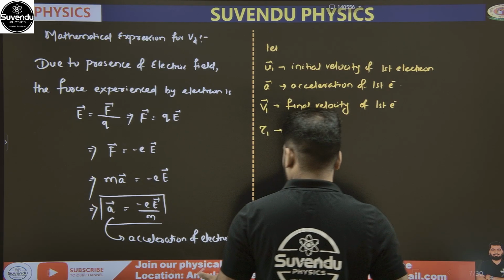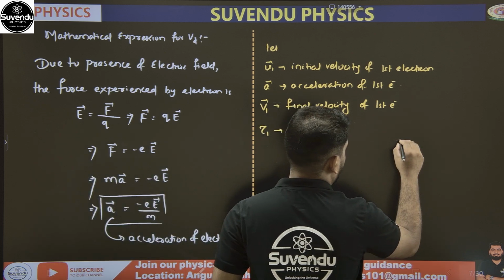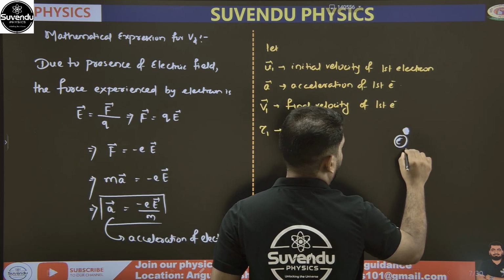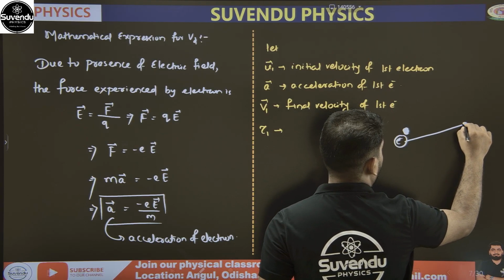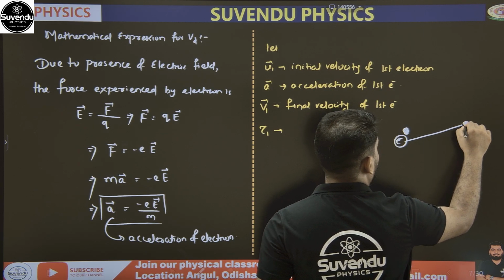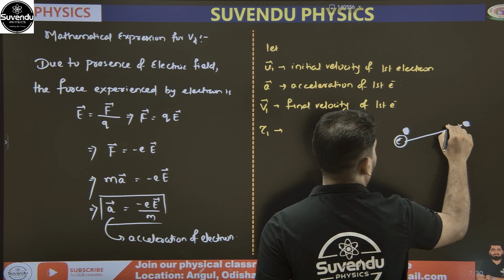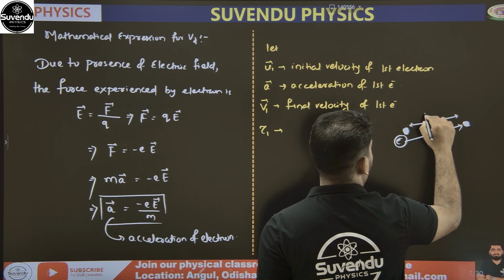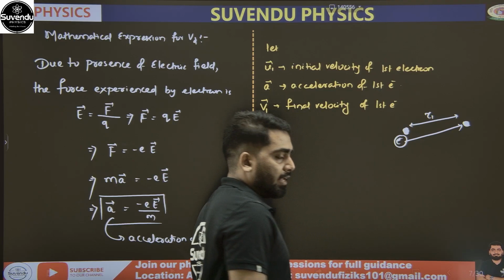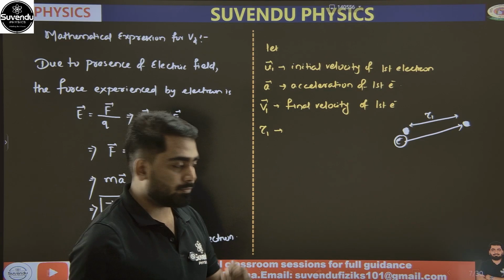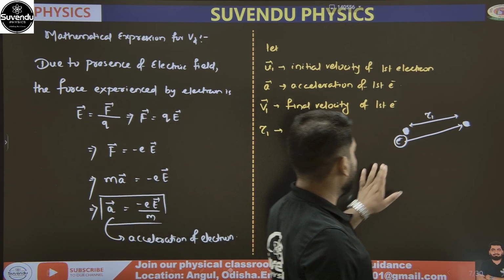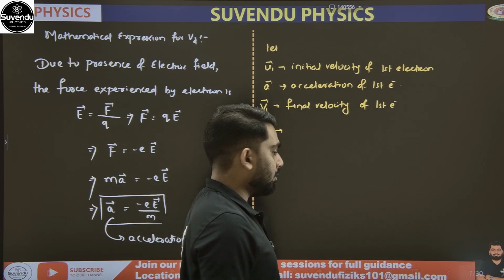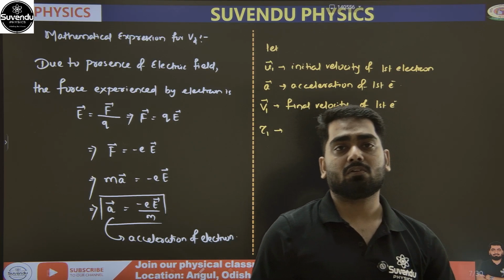Suppose the electron moves like this, suffers a collision here, then travels to this position and suffers another collision. The time interval between these two is tau1, the time between two successive collisions.